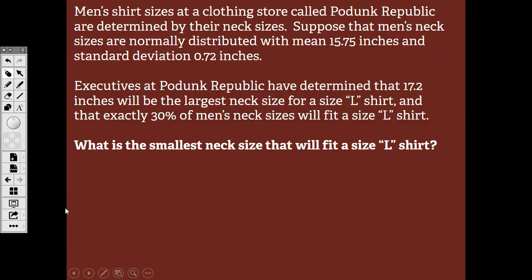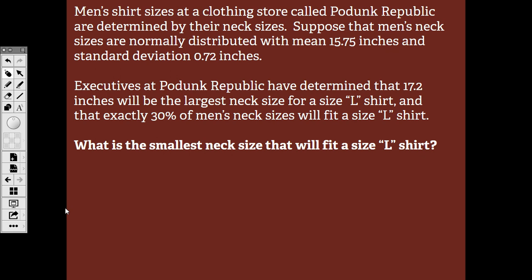So here we have men's shirt sizes at a clothing store called Podunk Republic, determined by their neck sizes. Suppose that men's neck sizes are normally distributed with a mean of 15.75 inches and a standard deviation of 0.72 inches.